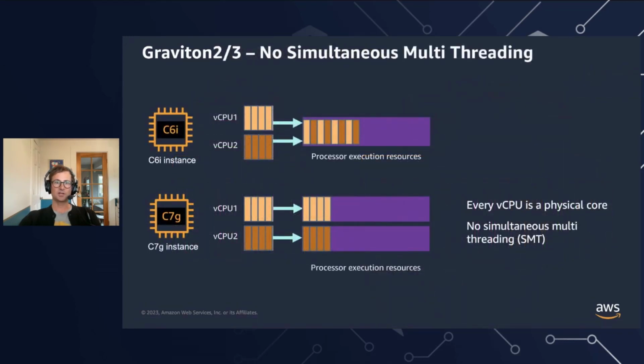A big difference that we have when considering Graviton 2 and Graviton 3 processors compared to Intel processors or AMD processors is that we are not implementing simultaneous multi-threading with Graviton-based instances. On Intel processors, we have simultaneous multi-threading, which means that when accessing AWS instances, for each of the vCPUs that you get access to, we are mapping the vCPU to a thread on a physical core.